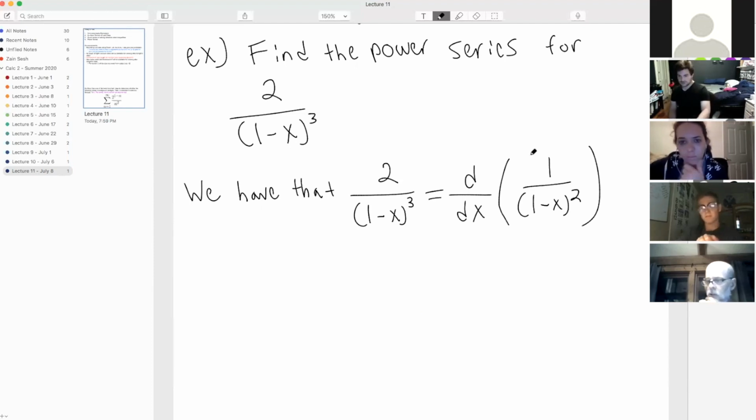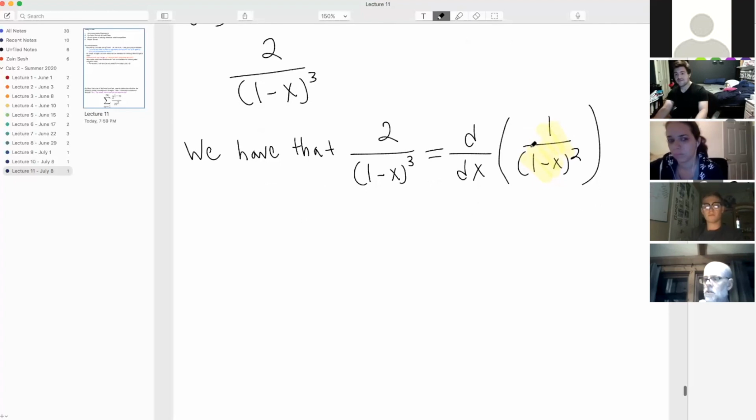So if you just take the derivative of this guy, just convince yourself, you will in fact get the left-hand side of the equality. So that's very nice. And we already have a power series expression for this thing by the previous example.